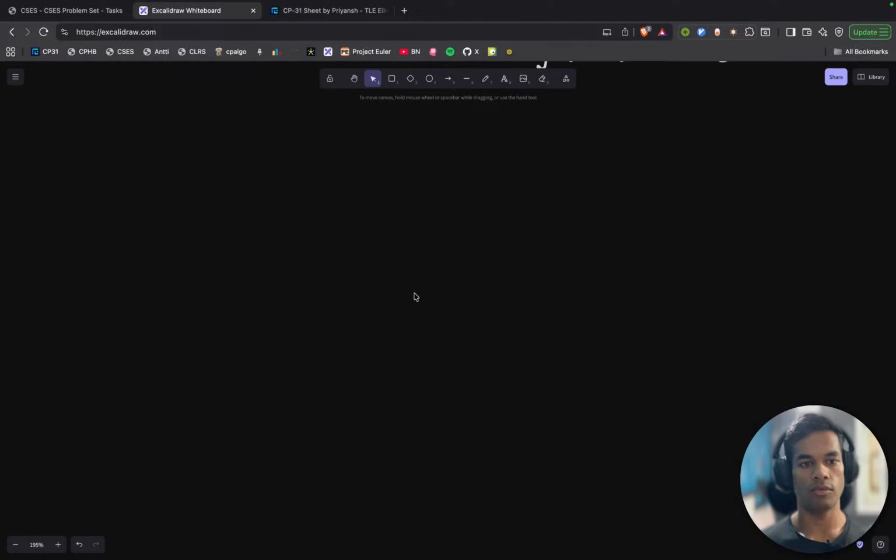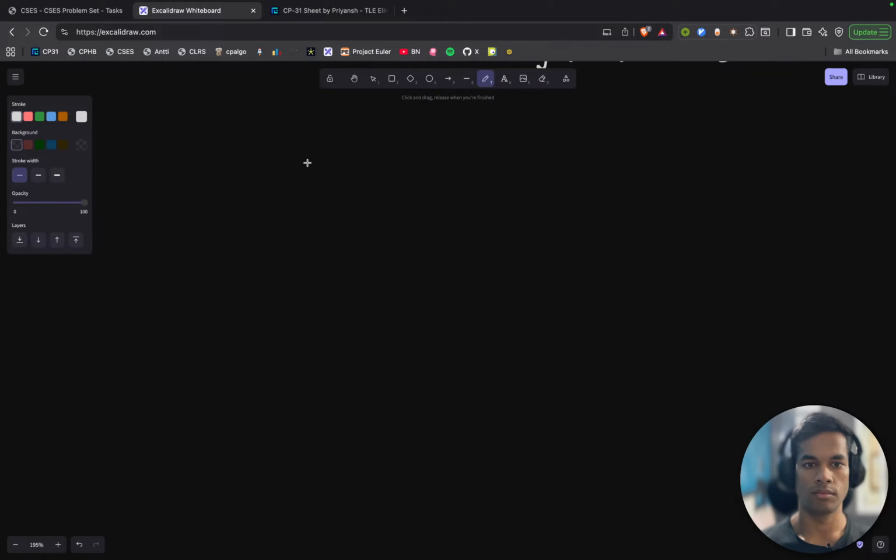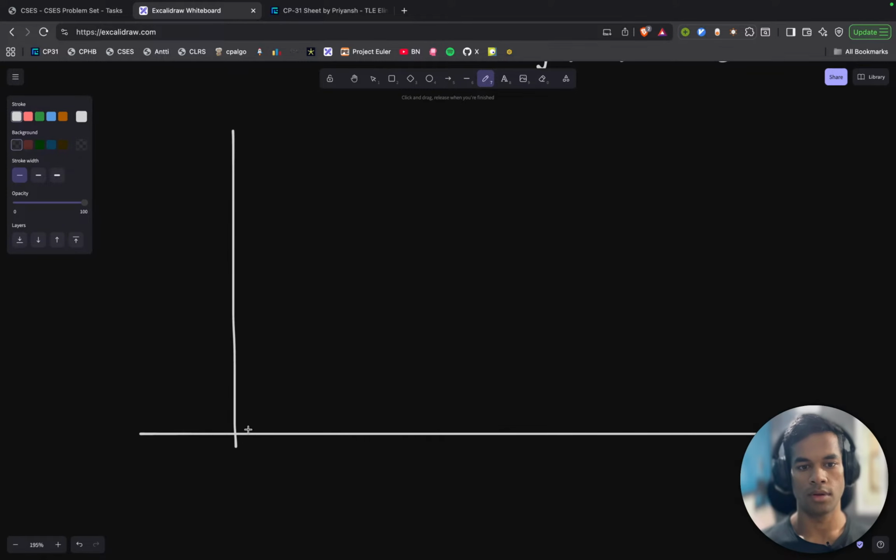The general formula for expected value is something like this. If we try to draw a graph where on this axis, let's say, we have the values, and then on this axis, we have the probability of getting those values like this.